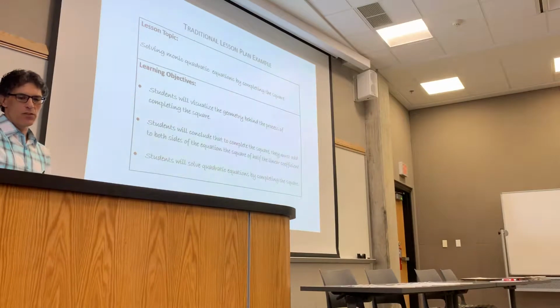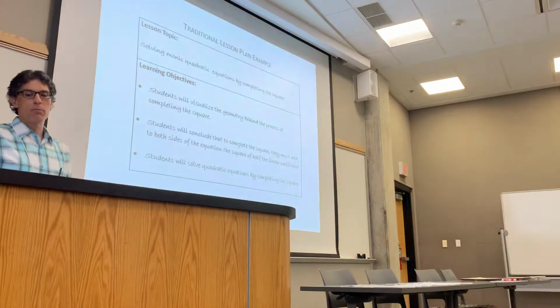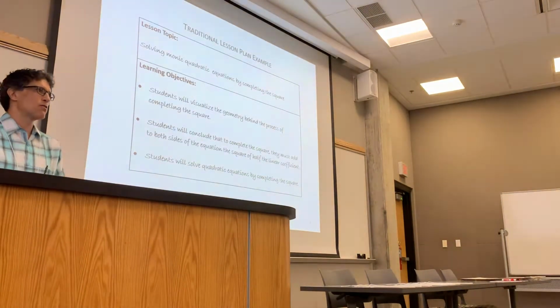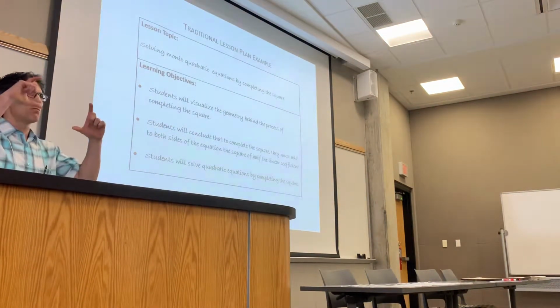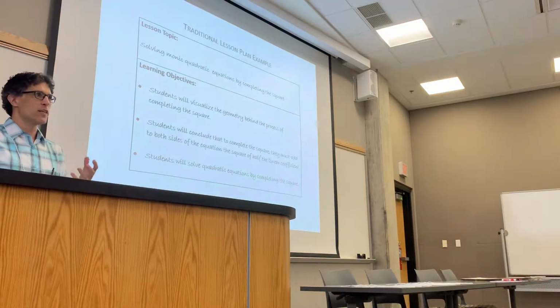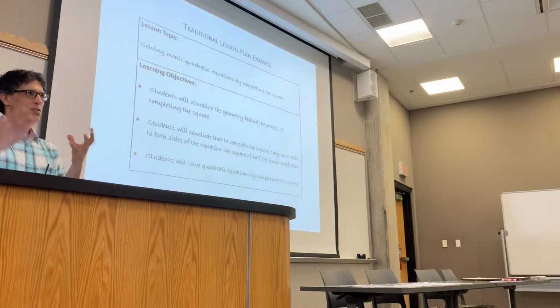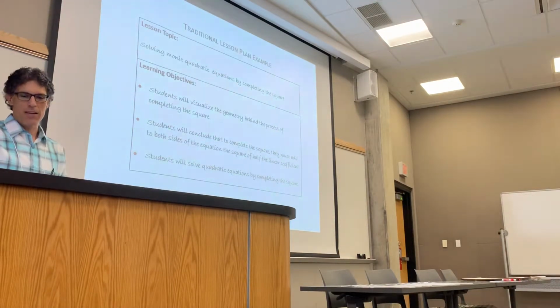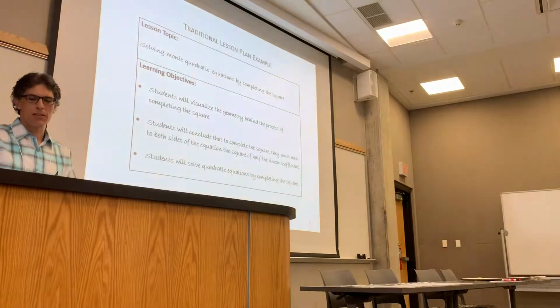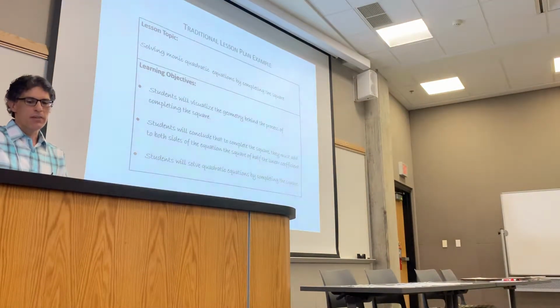Learning objectives for this idea: students will visualize the geometry behind the process of completing the square. It's called completing the square not just because you're trying to create a second power. You're actually trying to literally, geometrically create a square. That's the underlying idea, and for students to understand that, I think that's a valuable thing.